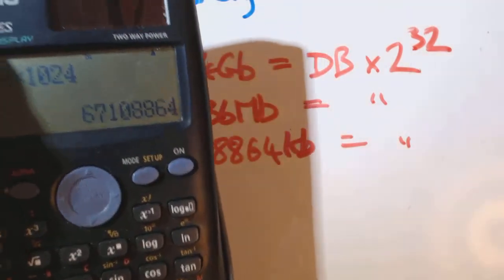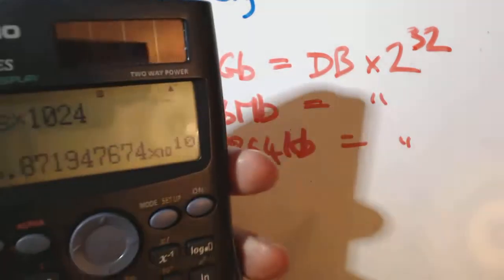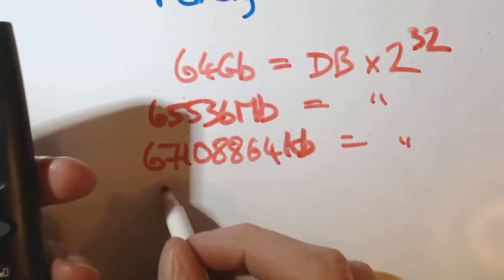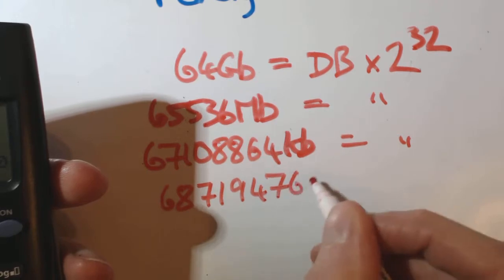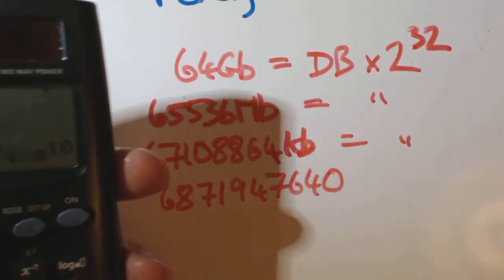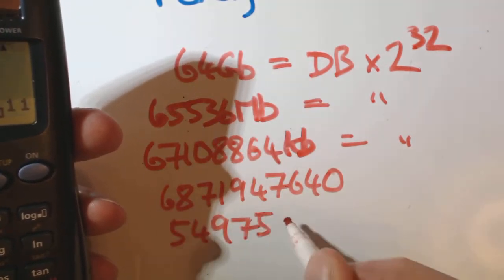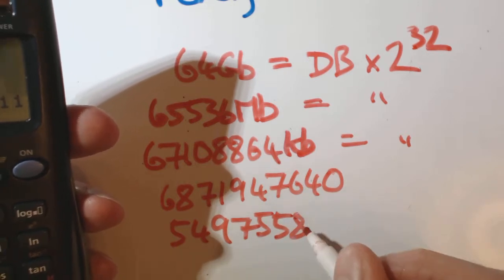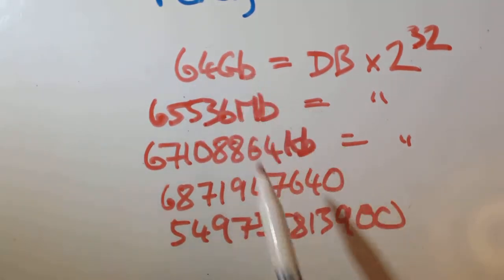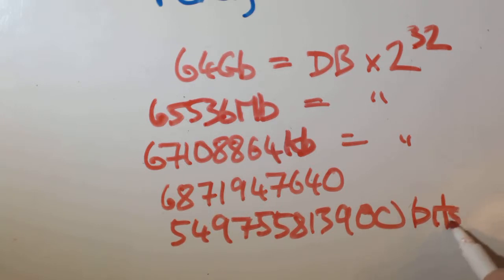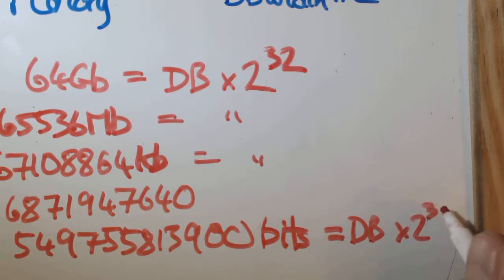You then times it by 1024 again, and that gives you bytes, and times it by 8, and that gives you bits. So essentially you're wanting to get the gigabytes into bits, which equals data bus width times 2 to the power of 32.